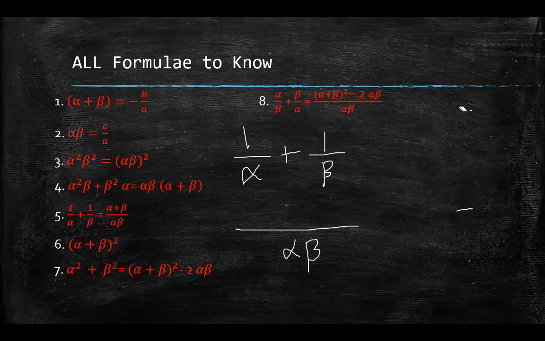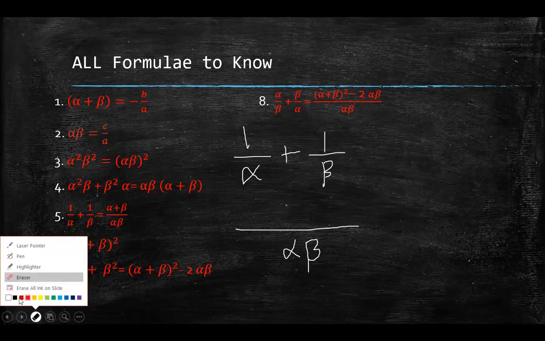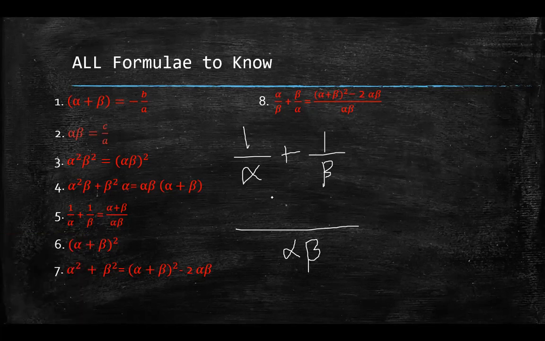So what's alpha into alpha beta? Alpha into alpha beta is beta. Let me just show it real quick.